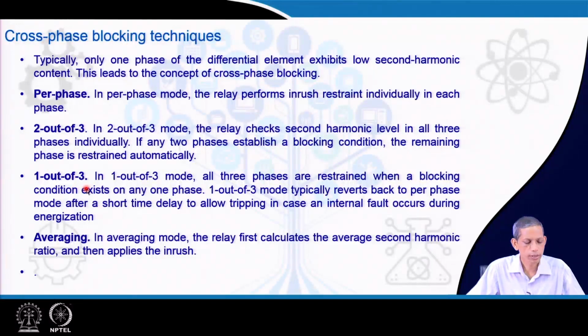In 1 out of 3 mode, if any of the 3 phases has a significant second harmonic component, the relay blocks the differential operation of all 3 phases. There is another scheme available, called the averaging scheme. The average second harmonic component of all 3 phases is obtained, and that decides whether the relay is to be blocked or not.